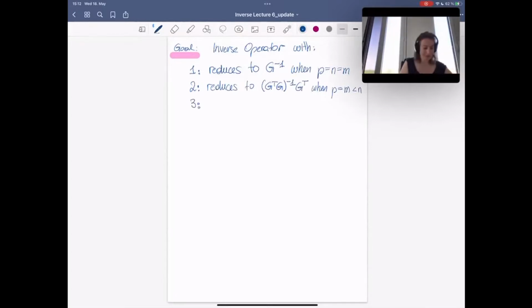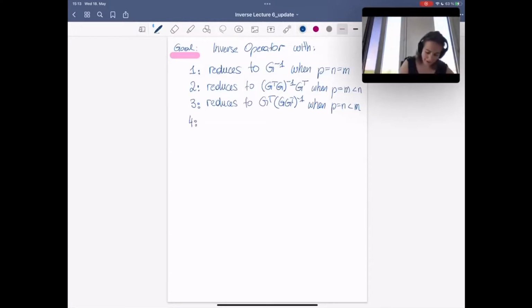Third attribute, our inverse operator should reduce to G transpose times the inverse of G G transpose when we have an underdetermined system of equations. So p equals n lower than m.